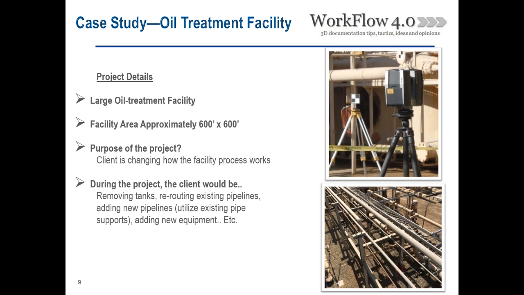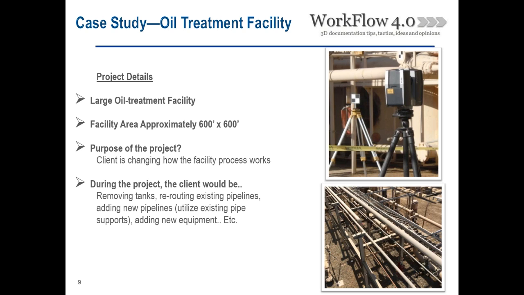So this project that we recently did was a large oil treatment facility. The entire area was about 600 by 600 feet. This specific project was due to changing how this facility works. So there would be a little bit of changing everything inside of the plant.